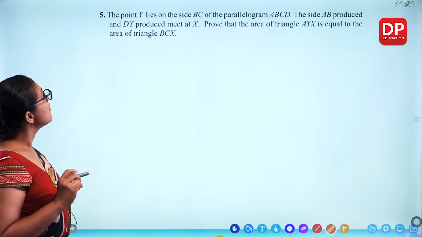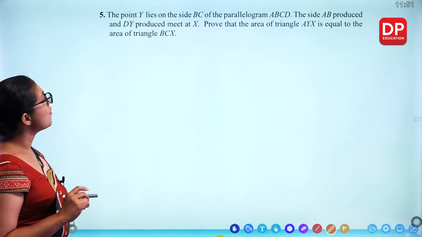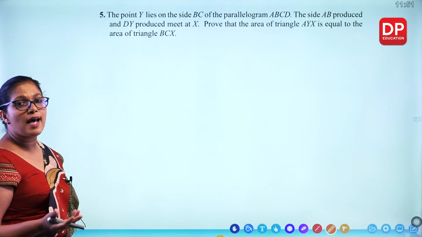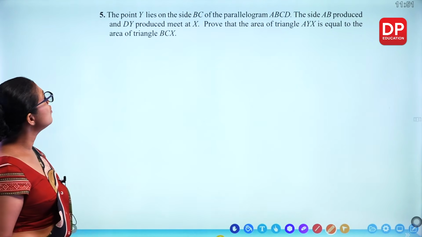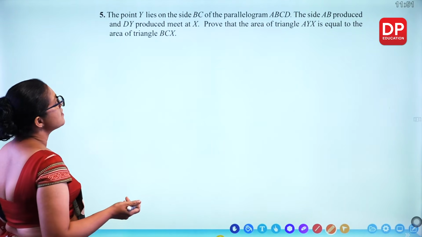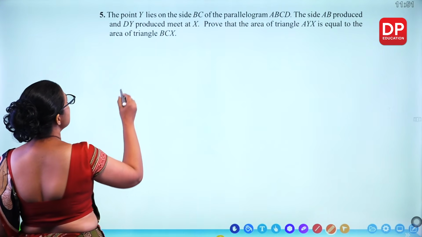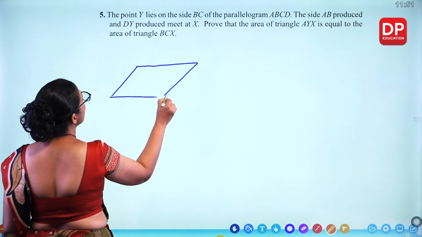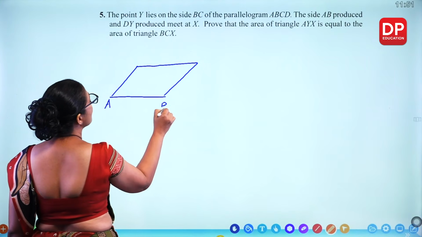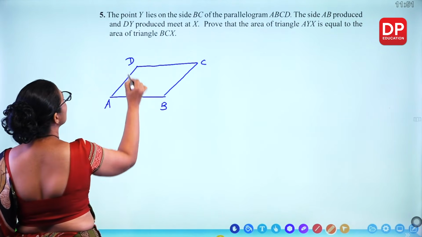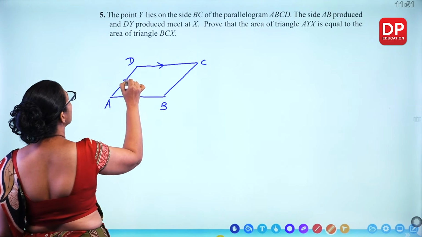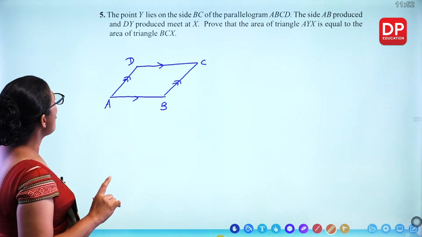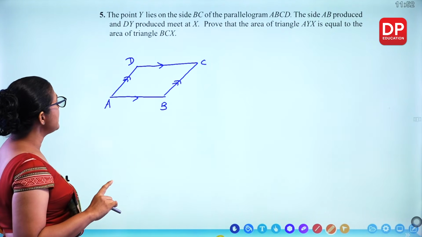Question number 5. The point Y lies on the side BC of the parallelogram ABCD. Here the diagram is not given, so we have to sketch it. So there's a parallelogram ABCD. The point Y lies on the side BC.